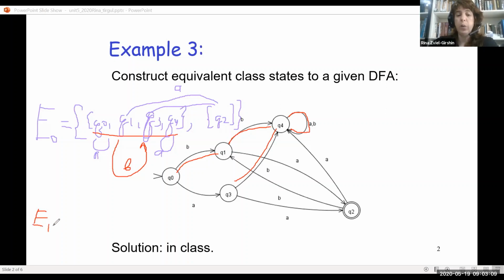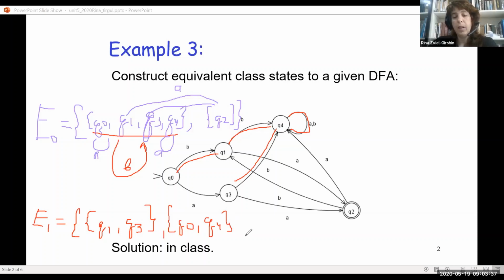E1, the meaning of 1 is that I found a separating word of length 1. I can separate Q1 and Q3 into a new equivalence class. I can still keep Q0 and Q4 as the same equivalence class, and I already had Q2 as an additional class.